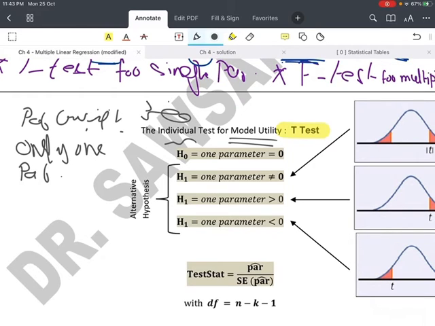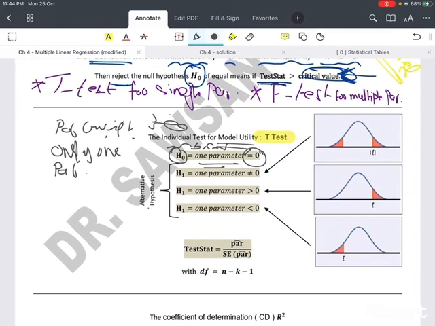So H naught will be one parameter, so it can be B, C, D, whatever. H naught is that this parameter equals 0. But the alternative takes 3 options, because it can be positive and it can be negative. So if it is not equal, we call it two-tailed.